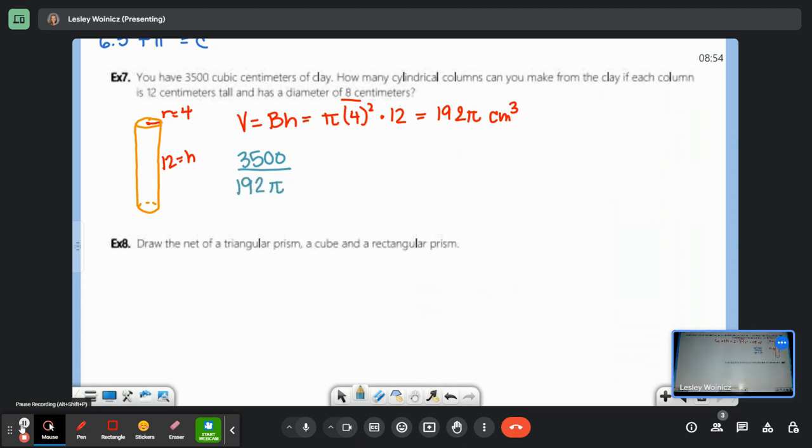Make sure that you put the 192 pi in parentheses. Otherwise, it will divide by the 192 and then multiply by pi, and you will be very wrong. Does this make sense? Yeah, because this fraction bar, the way that I have it written right now, is a grouping symbol that says simplify the denominator first and then divide into the 3,500.